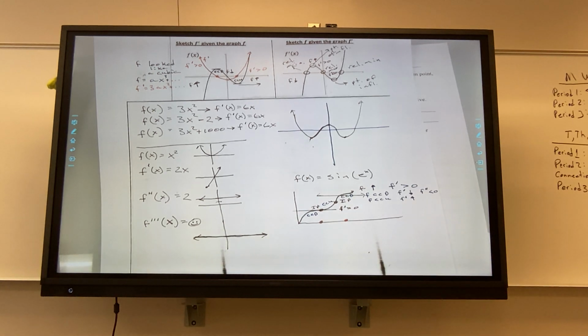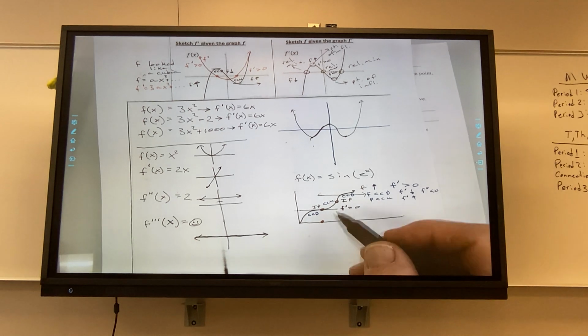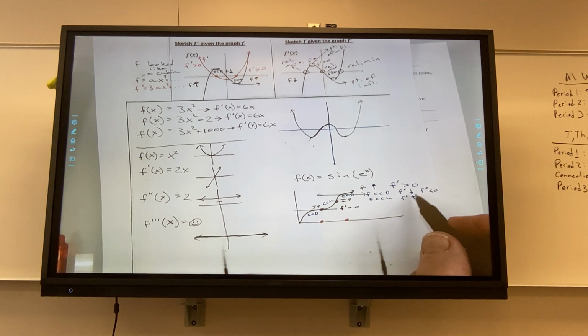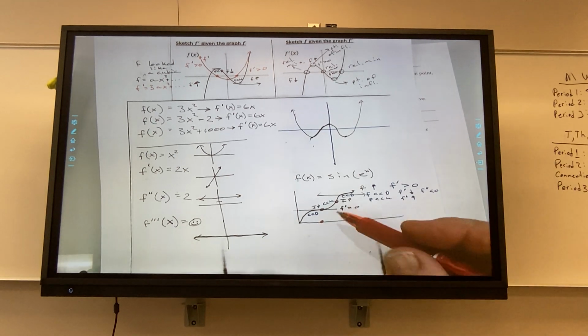Now, what are those in terms of the derivative? They're relative extrema. It's where the derivative changes direction. So, remember that when I go concave down, the derivative's gotta be decreasing.